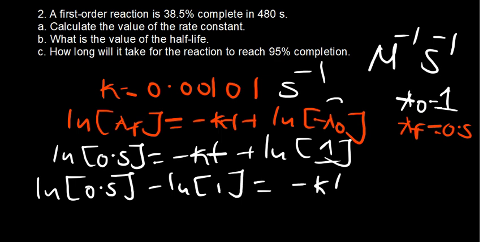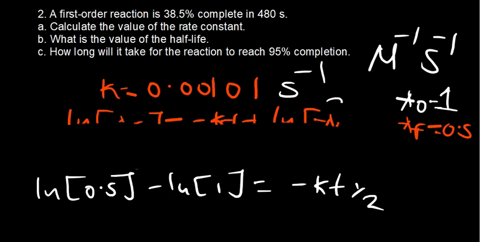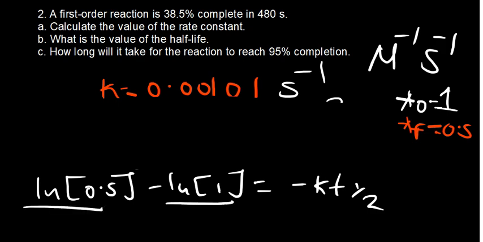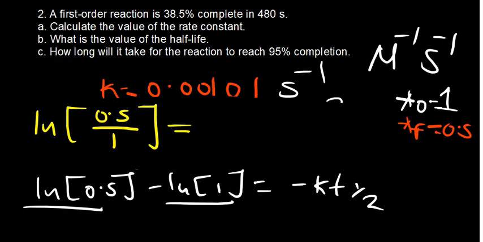Remember the time that we're talking about here is the time it's going to take to reduce to its half, so we can put it to be t half there. These are the same logs, so we can maintain the log, and then we divide 0.5 divided by 1. So from there, what do we have? We have equal to negative k t 1 over 2.